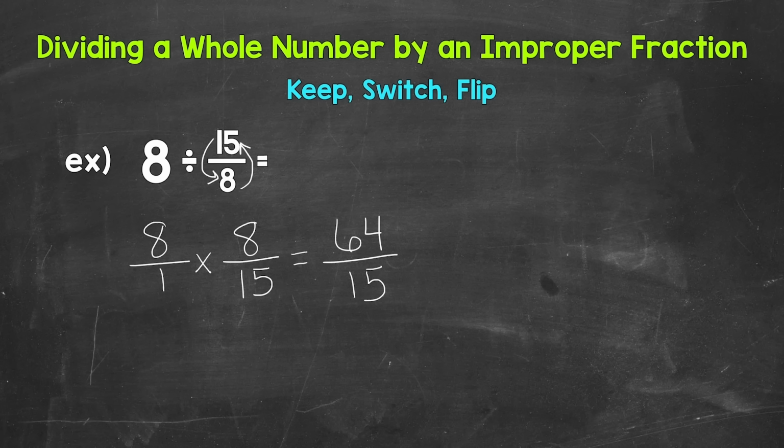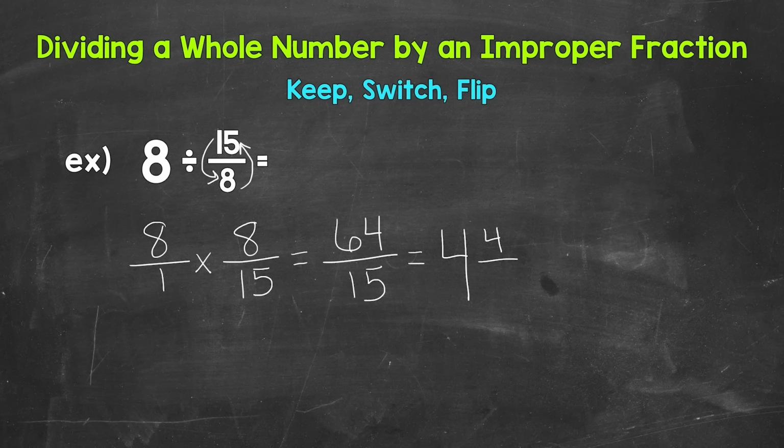So let's convert it to a mixed number by dividing the numerator, 64, by the denominator, 15. So 64 divided by 15. How many whole groups of 15 in 64? Well, 4 whole groups. That gets us to 60. We don't hit 64 exactly. We have a remainder of 4.